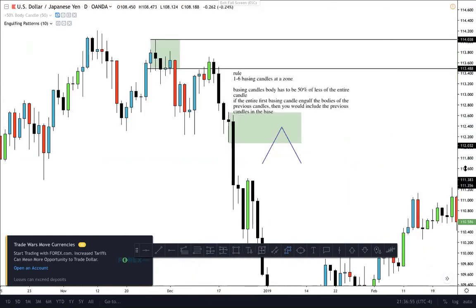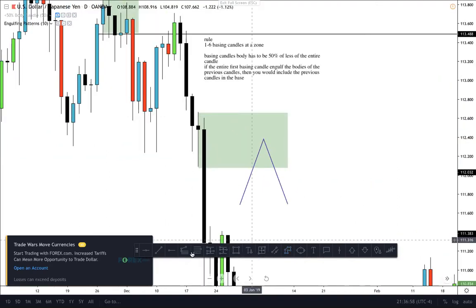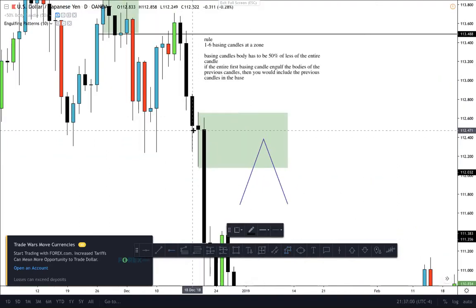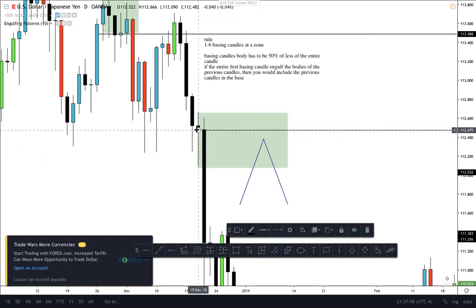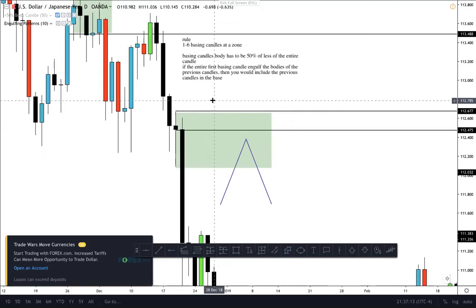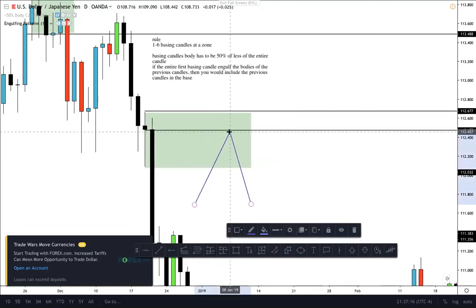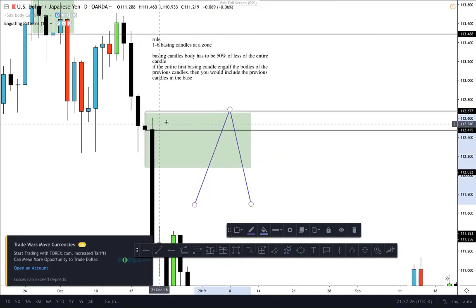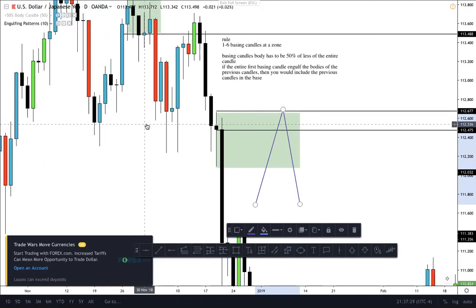Now, another thing, right? We would call the body of the candle the proximal line, and then we would call the highest point the distal line, right? The idea is that the market comes to test the proximal line for you to get entry. However, if it reaches the distal line, then that means that all the orders that were here are really and truly limit orders the market is hitting when it reaches that level, right?